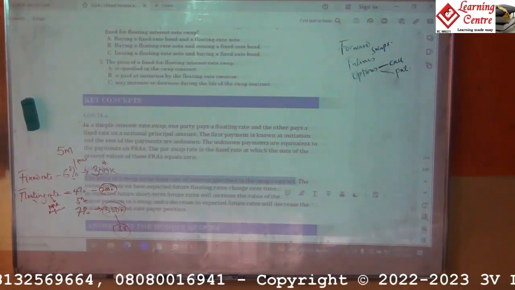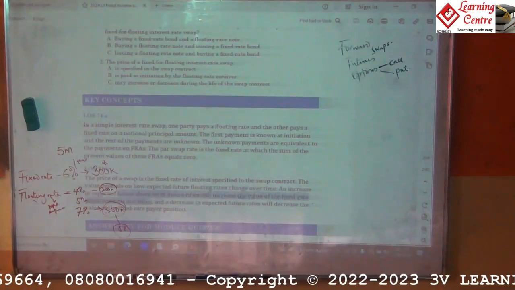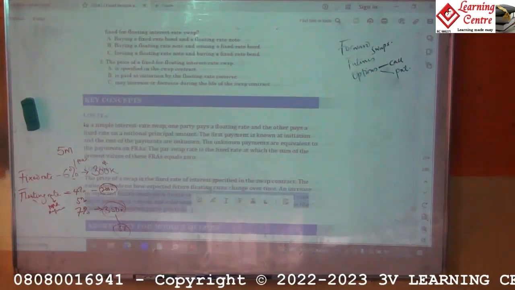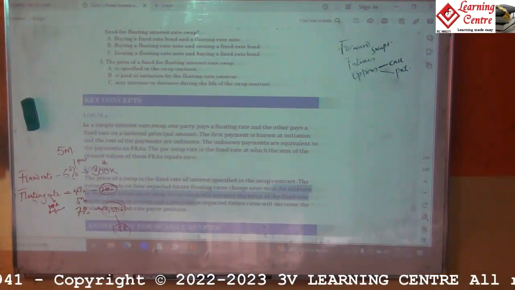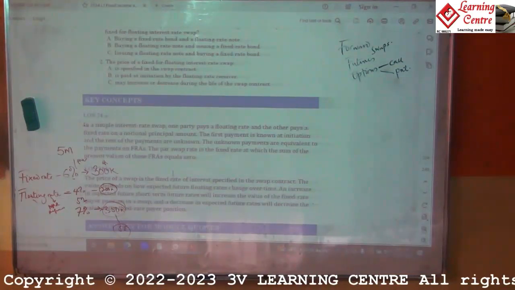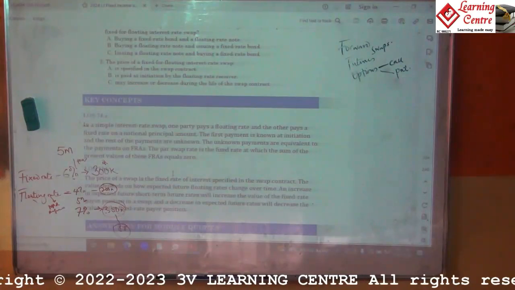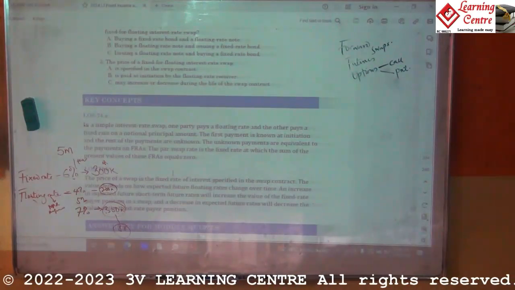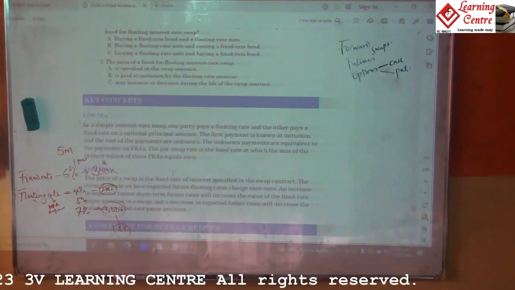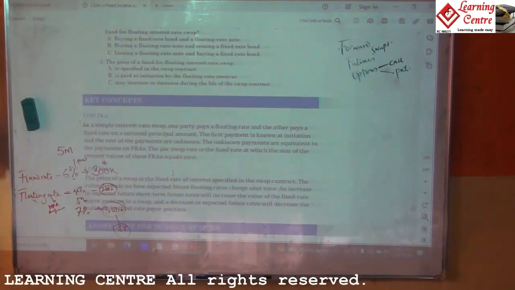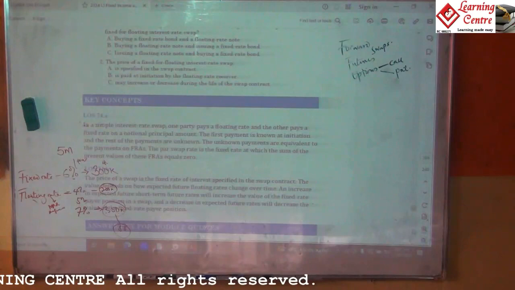The value depends on how expected floating rates change. All these stories, I don't want them to confuse you guys. So the point is that the price and the value for each of these different types of derivatives are what you need to know, basically. Okay?